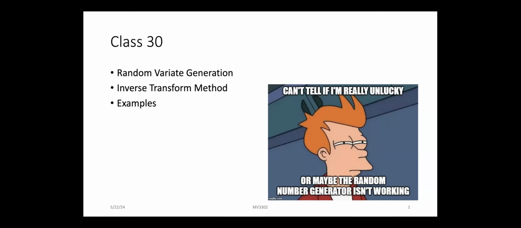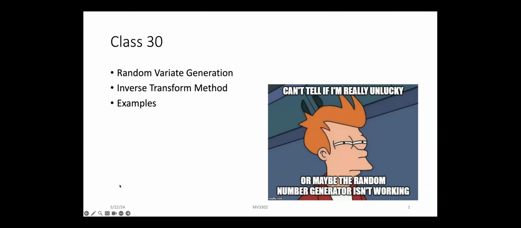In other words, the random number term applies to independent, identically distributed, uniform 0-1 random variables. That's it. And that's the raw materials from which we're going to create other distributions. And that's what random variate generation is about.